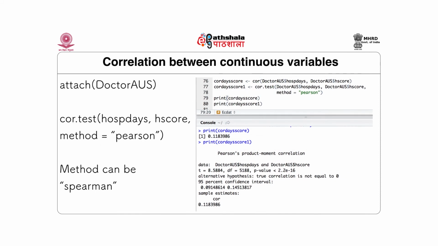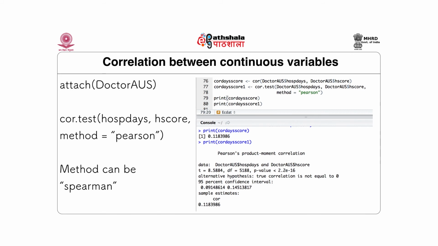So to start with, if we take a look at these two variables, hospital days, that is the number of days in which that particular person was hospitalized, and the health score, which was a continuously distributed score given to a person based on his or her response to how he or she felt, you can see that you can very easily conduct a correlation.